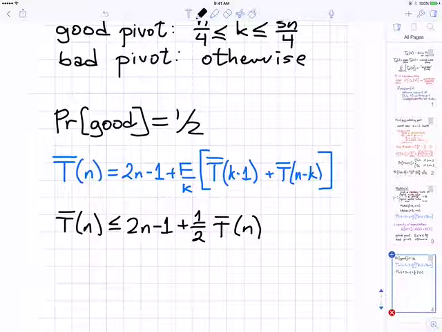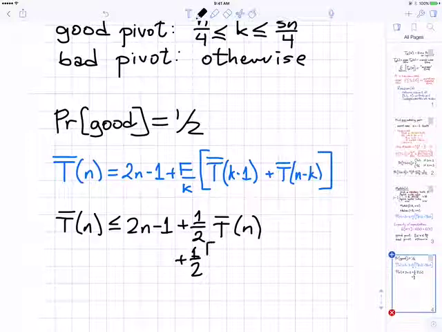The other half of the time, when the pivot is good, to be conservative again, with an upper bound, I want to think about what happens when I have the worst possible good pivot. Which is what? n over 4. Things are slower when, between different good pivots, I split things 1/4, 3/4 rather than exactly in half, which would give a shallower recursion tree.